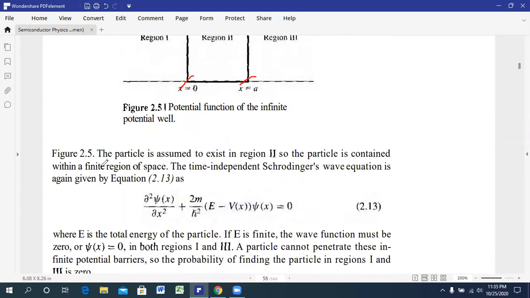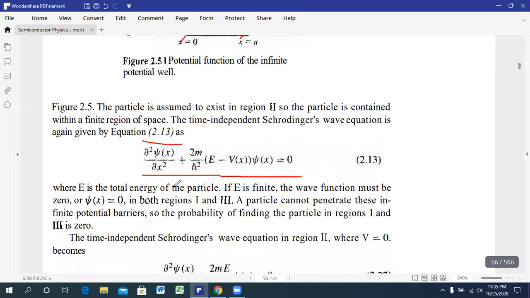Now, we know that the time independent Schrödinger wave equation looks like this. We found this in equation number 2.13. Whenever E is finite, psi of x should be equal to 0 for both region 1 and region 3.